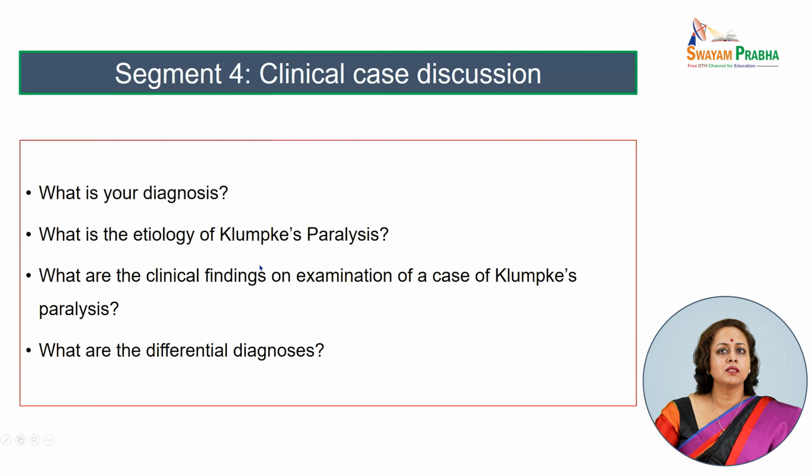So, we have discussed a case of a person falling and trying to clutch at an object to break his fall, causing excessive overhead abduction of the shoulder and avulsion traction injury of the nerve roots of the lower trunk of the brachial plexus.